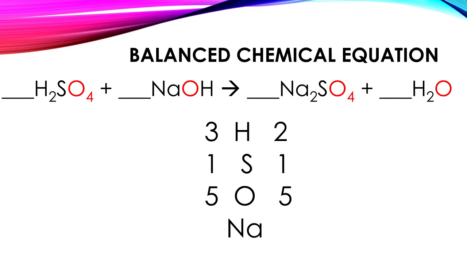So we have 4 oxygens in our sulfuric acid and 1 oxygen in our sodium hydroxide for a total of 5 oxygen atoms for our reactants. And we have 4 oxygen atoms in our sodium sulfate and 1 oxygen atom in our water to also give us 5 oxygen atoms for our products.